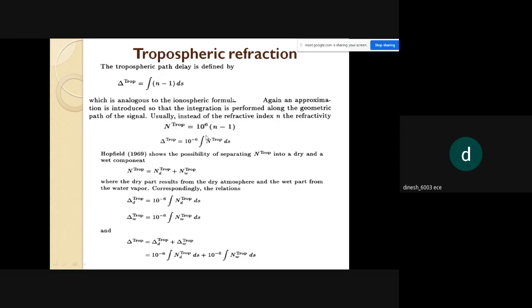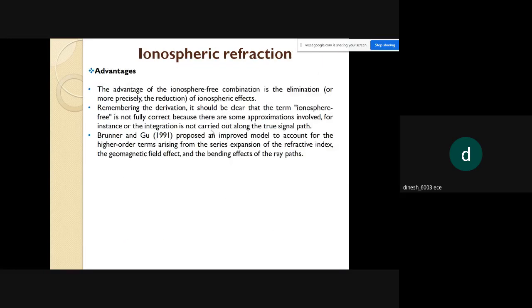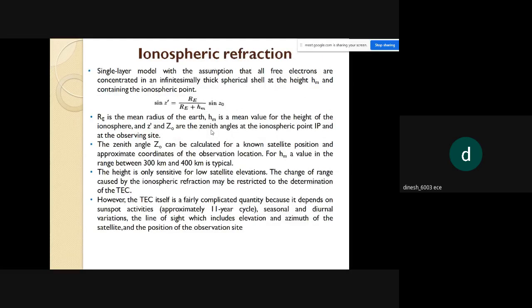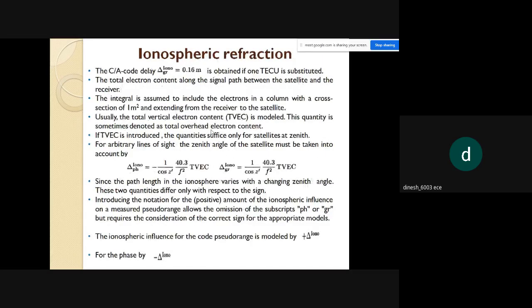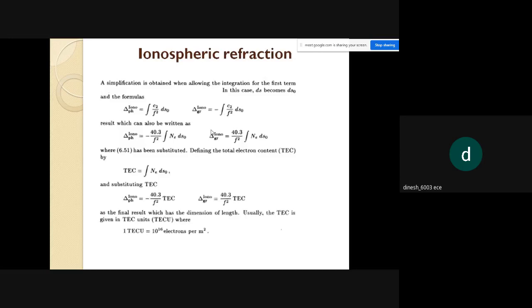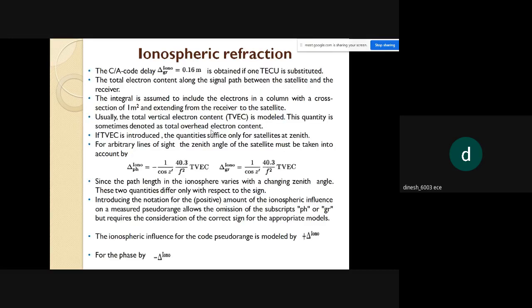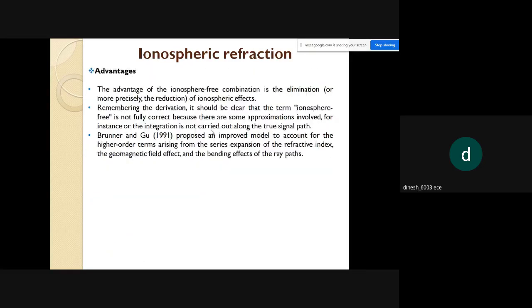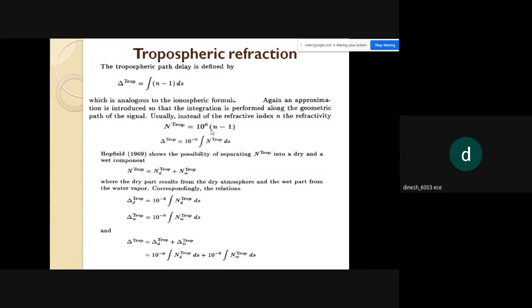In the ionospheric case, we had 10 power 16, which represents the total electron content. So do not confuse that. In ionospheric it is 10 power 16, whereas in tropospheric it is 10 power 6.